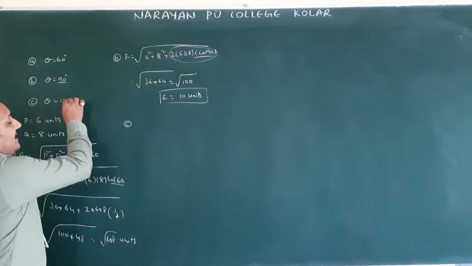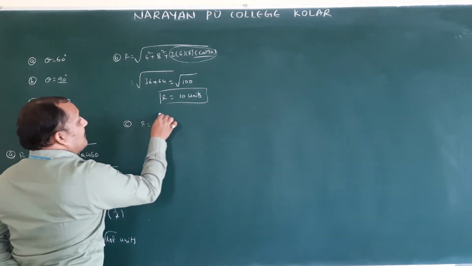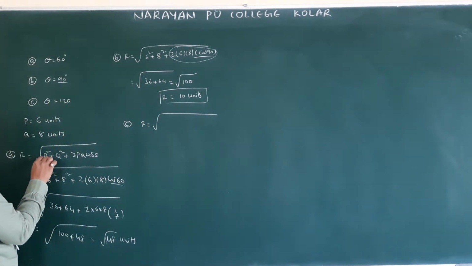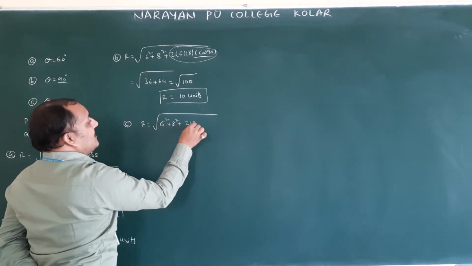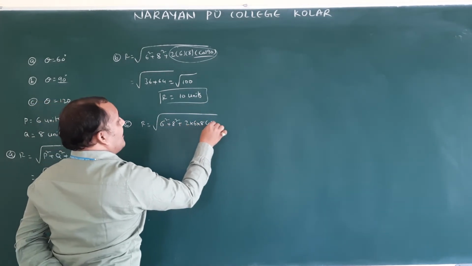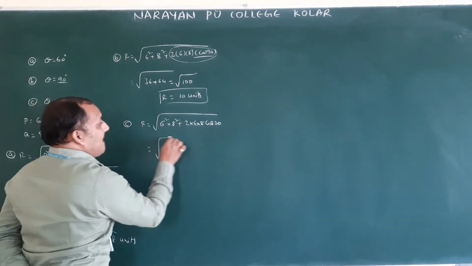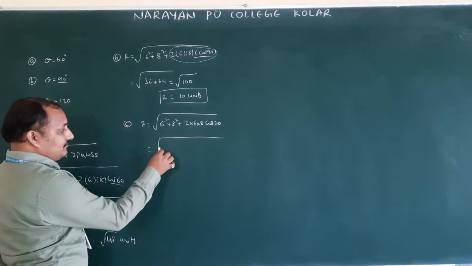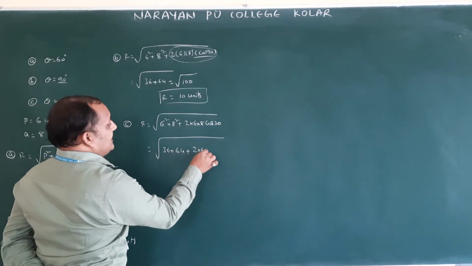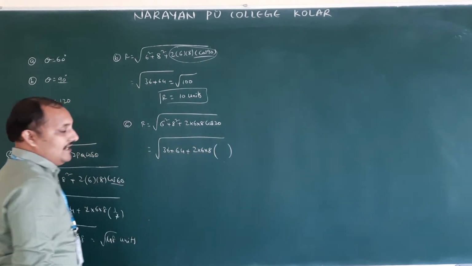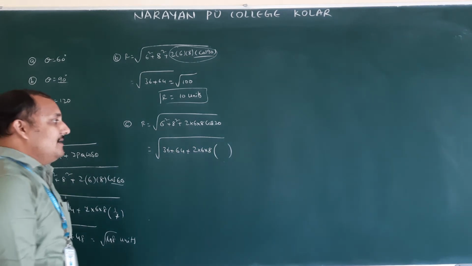Next, C. They gave the value 120. Therefore, R is equal to root of the same formula, P value 6, Q value 8. 6 square plus 8 square plus 2 into 6 into 8 cos 120. What is the cos 120 value?